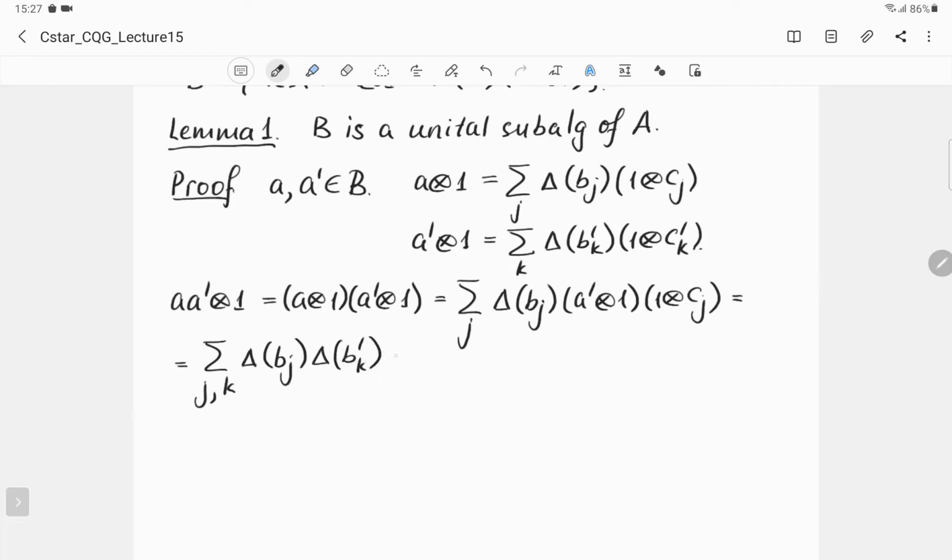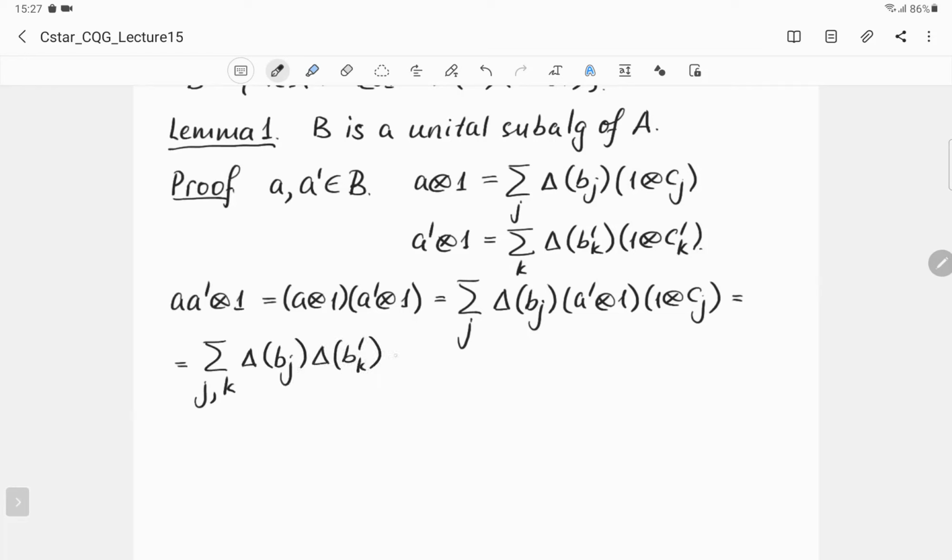And finally, since delta is a unital morphism, this can be written as follows: the sum over j and k, delta of bj bk prime multiplied by 1 tensor ck prime cj.